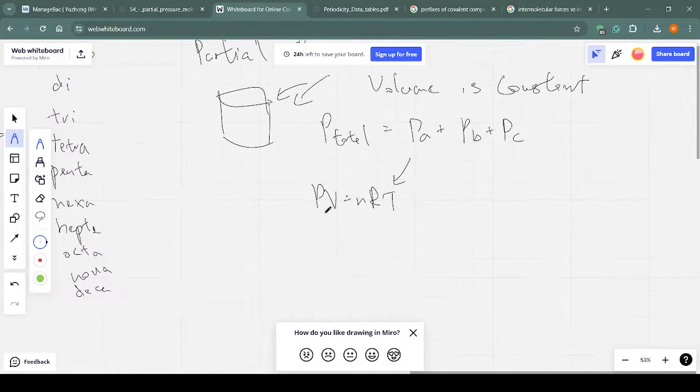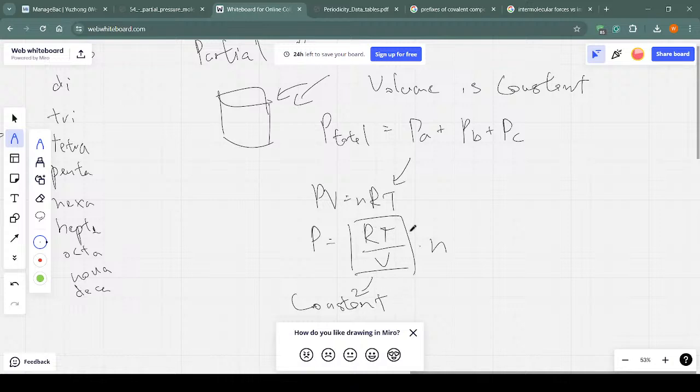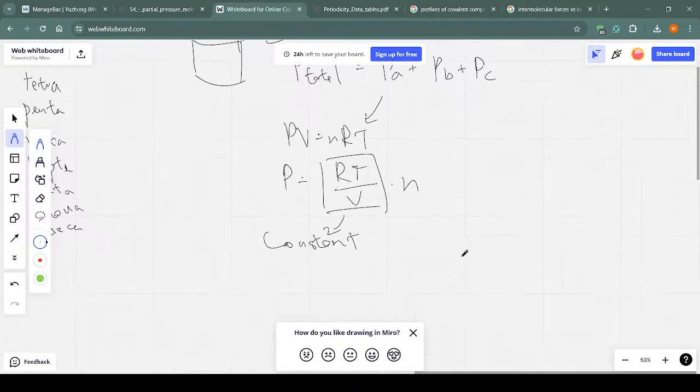Since volume is constant, P would be nR over V times T, or RT over V times n. Since R is a constant, temperature is a constant because they're all in the same container, and volume is constant, P is directly proportional to n.